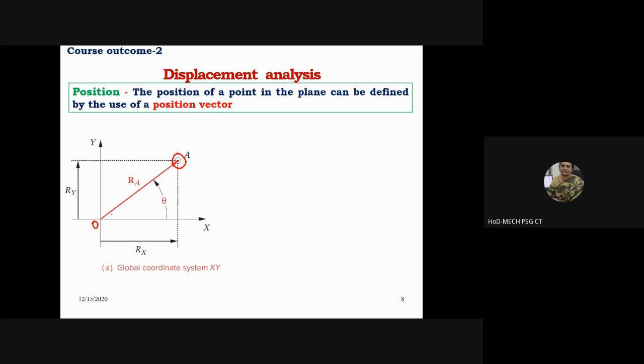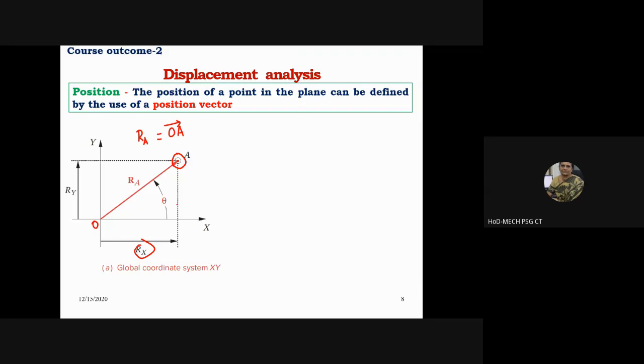So this is the point A. The vector OA represents the position vector of point A, which is represented as RA. RA is a position vector of point A, which is OA, by adopting a global coordinate system. So the x component being Rx and the y component being Ry.